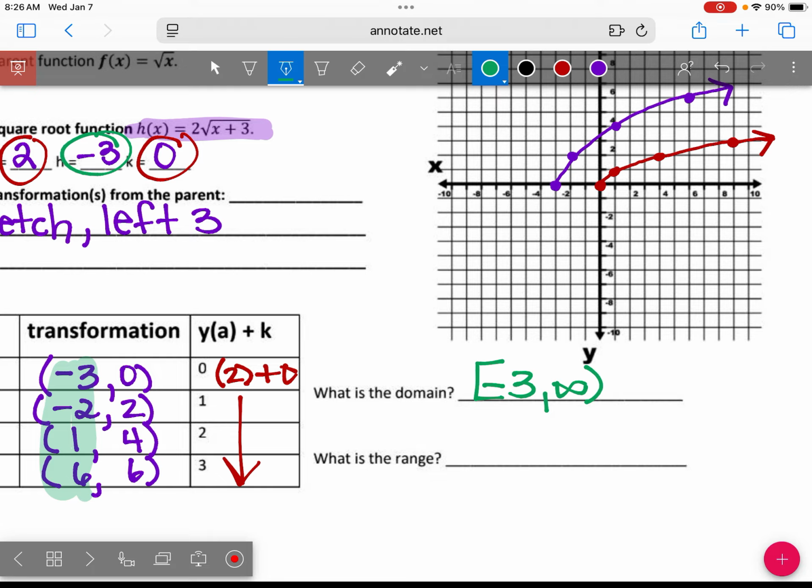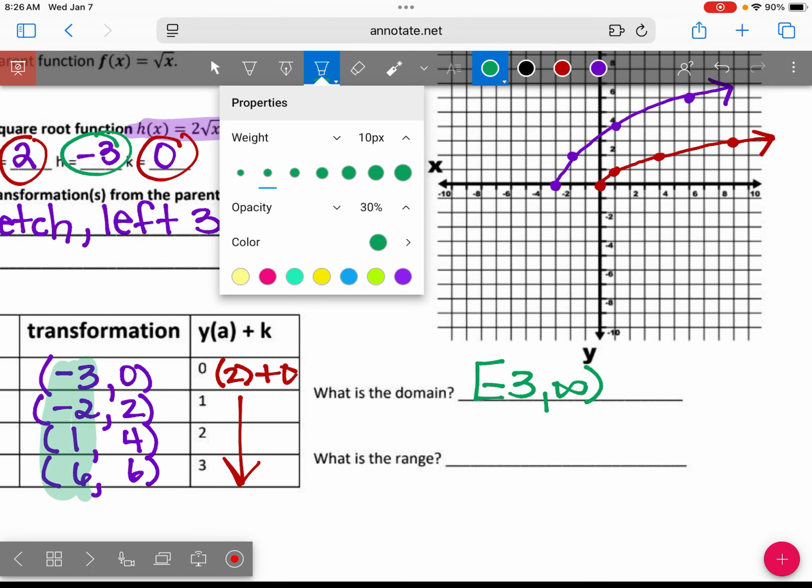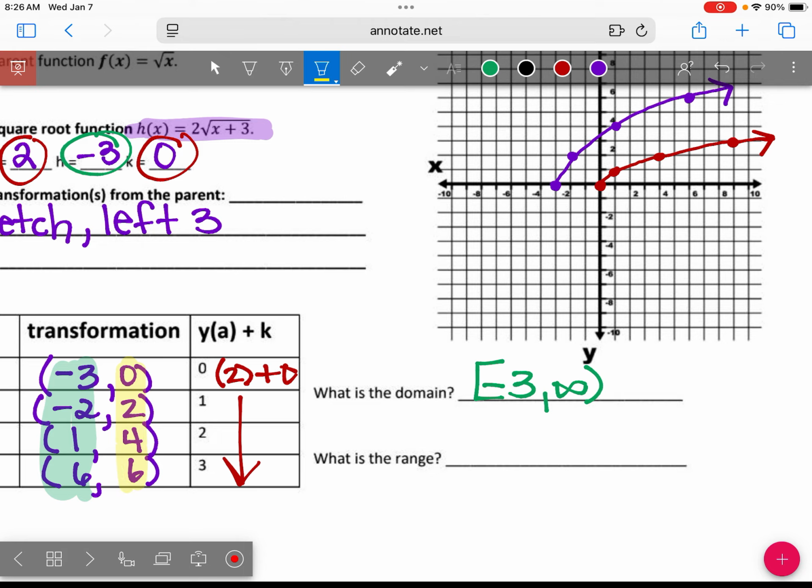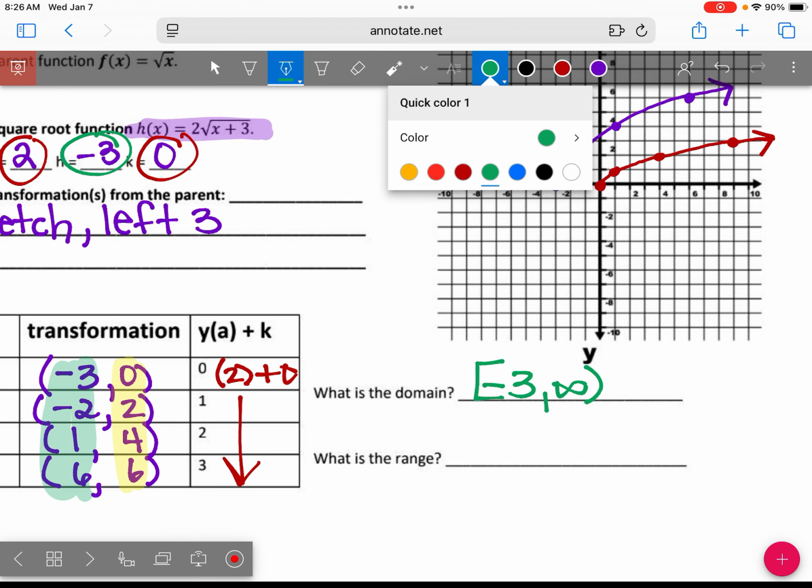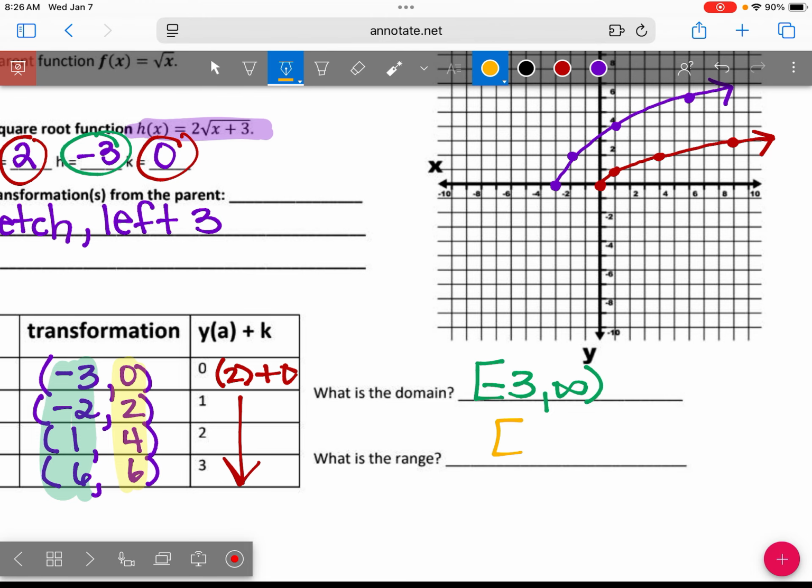Now my range, those numbers, my Y values, begin at 0, and then they're going up. So that means that my range is 0 to infinity.